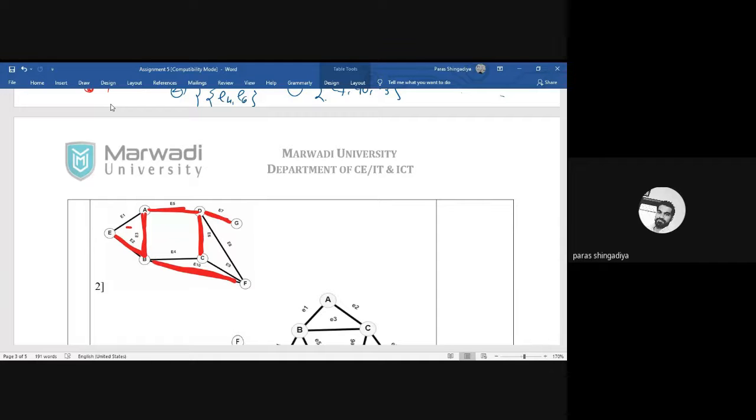Then after this, the second one, E4, that is not a cut set. So here there are two possible answers for this spanning tree. Okay, you are getting only two answers. You can verify it also. One of the cut sets is E1 E2, and the second one is this one.